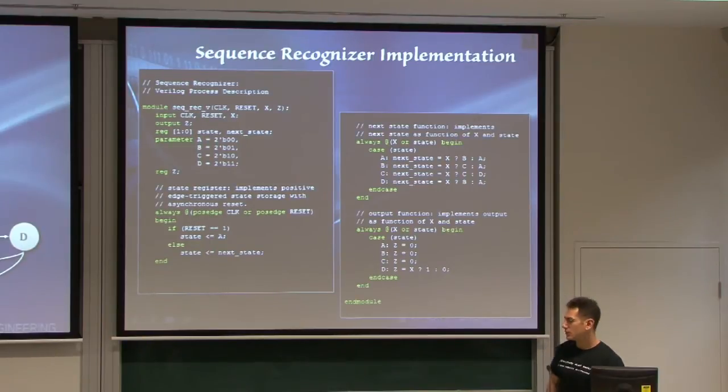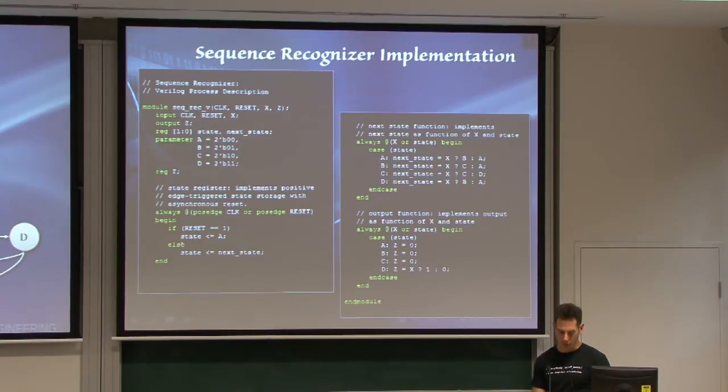The idea is as such. If we have a positive edge of the clock and we have some next state prepared, as I said, this will apply the next state into my flip-flops unless I'm trying to reset the machine. And this is this check. If I'm resetting, therefore take my state into state A, ignore whatever the next state is.